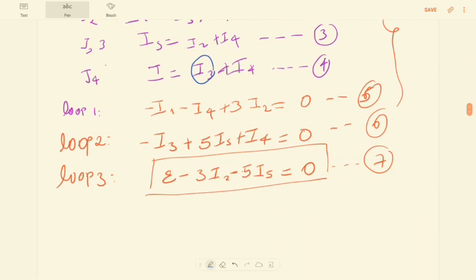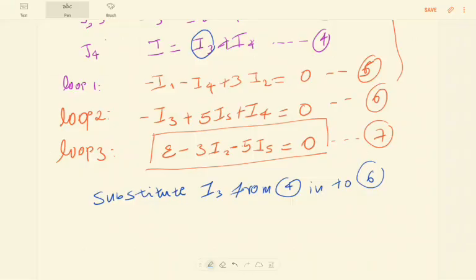So here let me just substitute I3 from equation 4 into equation 6. After substituting for I3 in equation 6, finally we will substitute for I4.